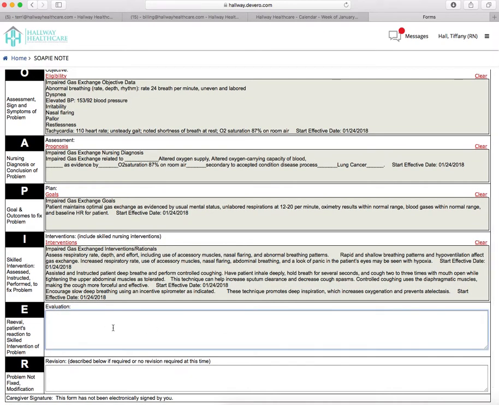And evaluation. How did my patient respond to my interventions? Well, after, because remember, my goal was after 12-20 minutes, right? So after 15 minutes, patient's respirations decreased to 18 breaths per minute.